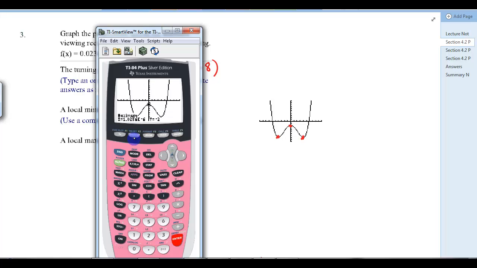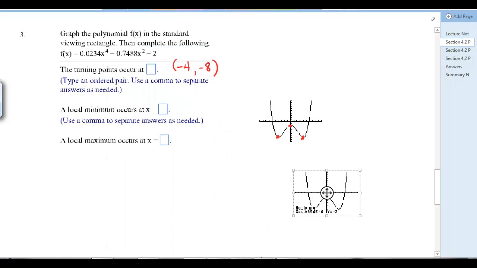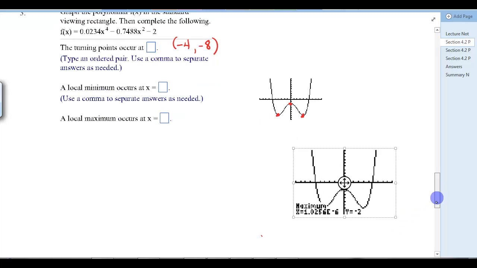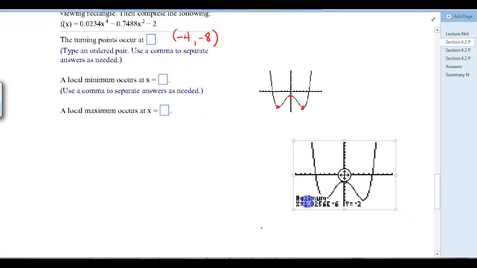And this is really interesting. This number that you get right here is 1.0256 e to the -6. That means you've got to the left of the decimal 6 zeros. You need to move that decimal 6 places.